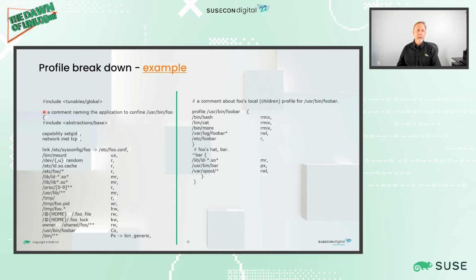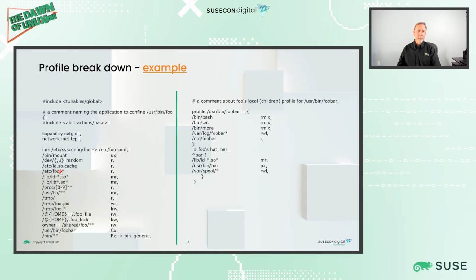We've got a comments section. Got to be able to comment and document your profile. Here I can see that there's some capabilities and network functions that I'm controlling access to or allowing access to. And then I've got links to files that are generated, and I've got paths with specific pathing like /bin/mount or /tmp/foo.PID.